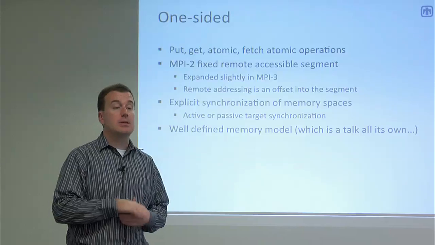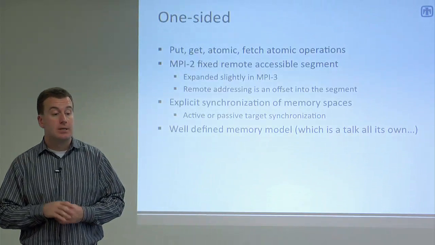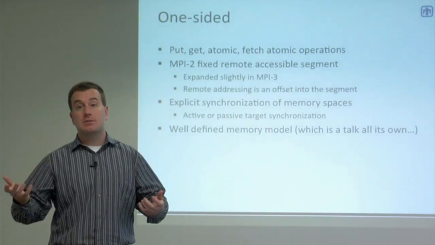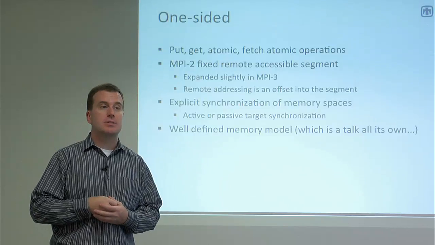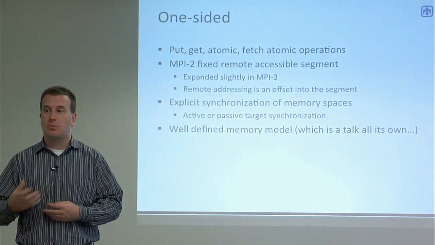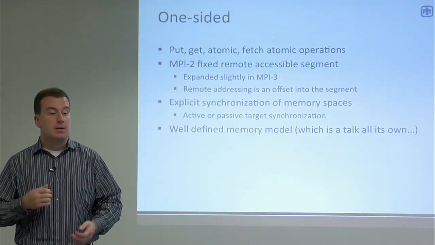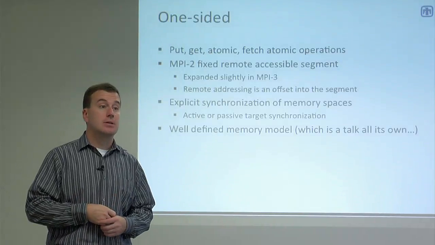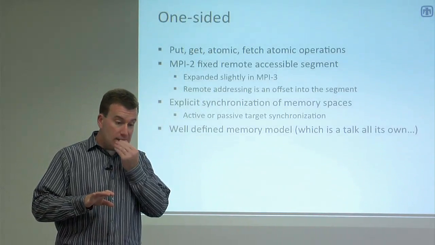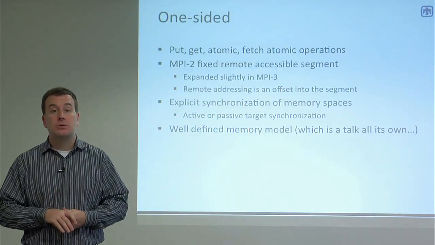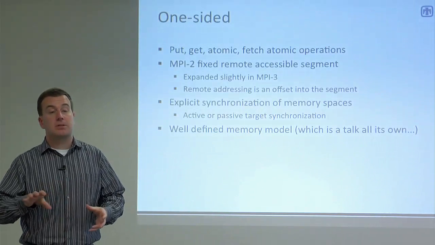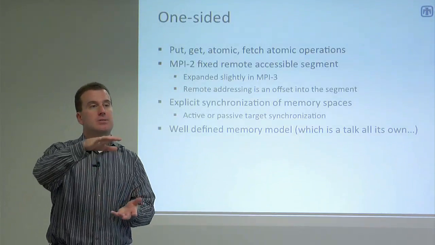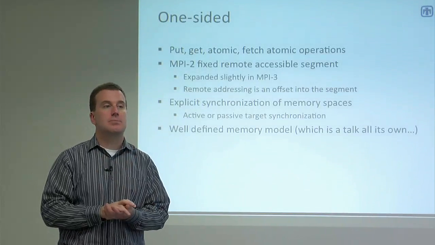And then the final communication model in MPI is one-sided. Unlike point-to-point, where you have a send and a receive, as the name implies, in one-sided communication you just have one side participating. You can do a put, you can do a get, or you can do an atomic operation. In MPI 2, there were fixed remotely accessible segments, so every process would say, okay, here's the memory that can be a target to one of these operations.